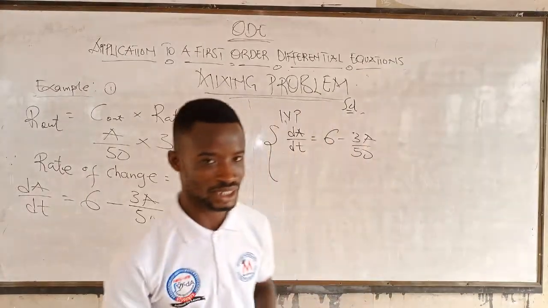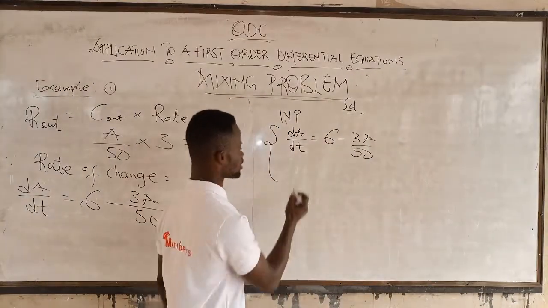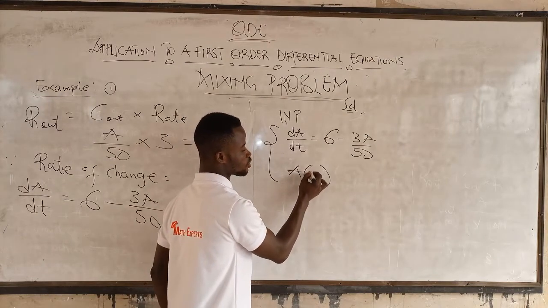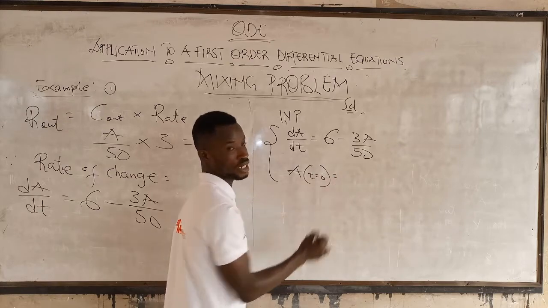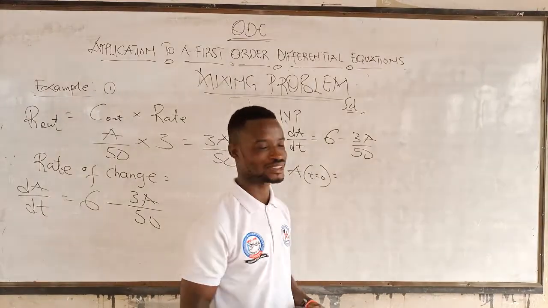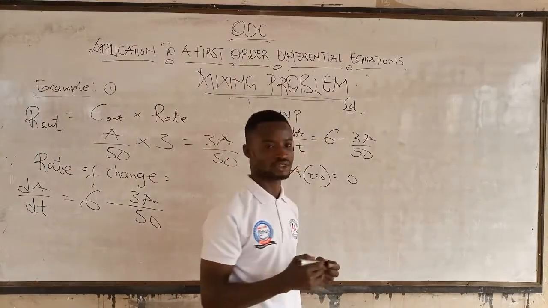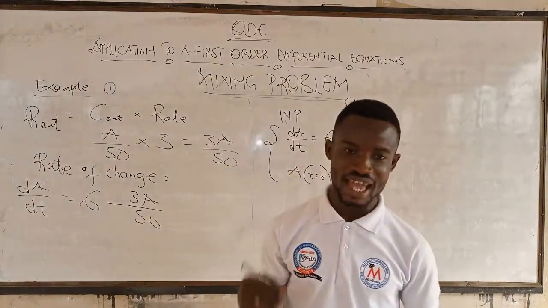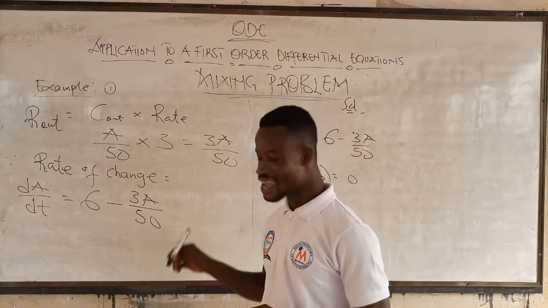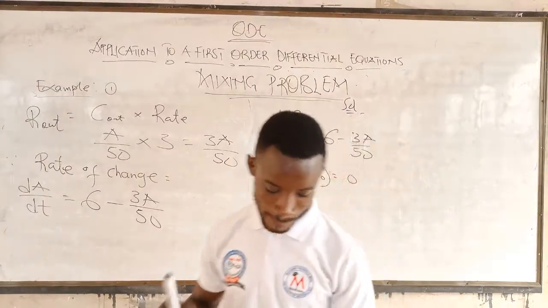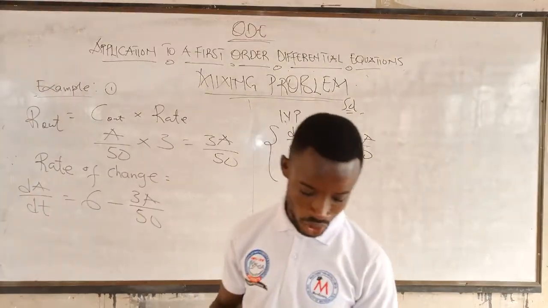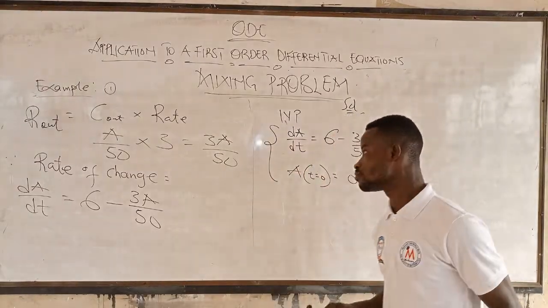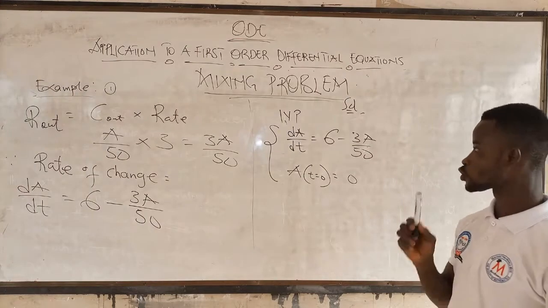And what is going to be the one here? So that's the amount. We are saying that as t is equal to 0, the amount will be equal to 0. Alright. This is what you use to get the particular solution, and that is what the question is demanding: how much salt is in the tank at any time. We are going for the particular solution.